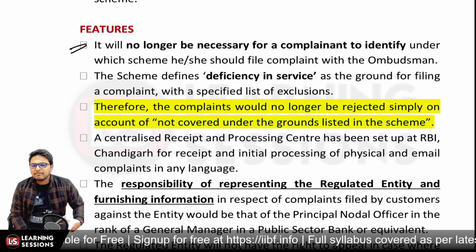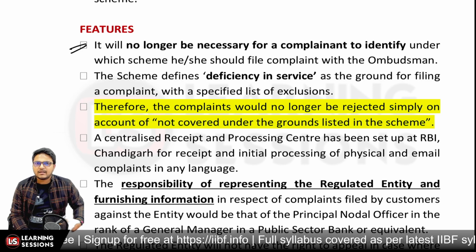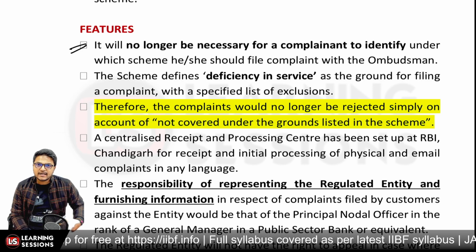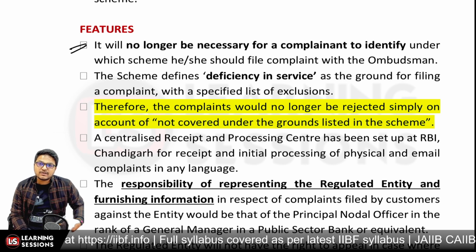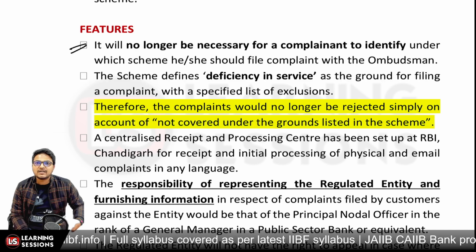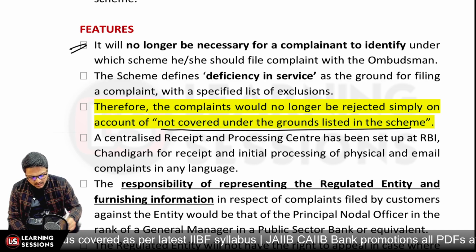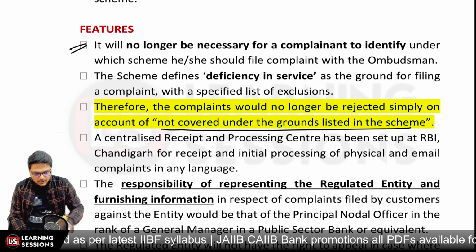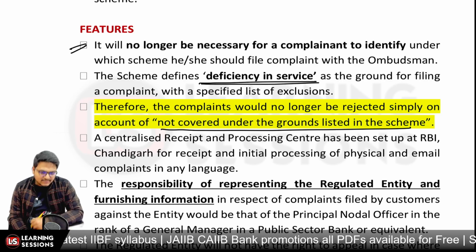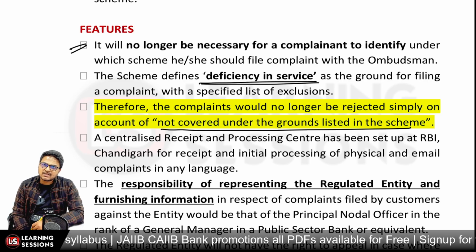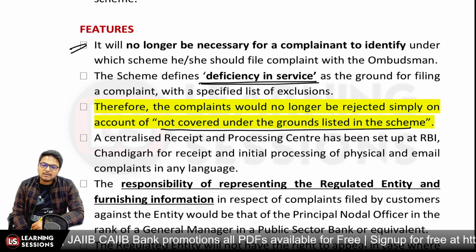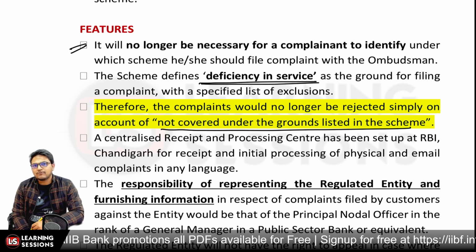Further, previously many complaints went unattended because they were rejected simply on the ground of not being covered under the grounds listed in the scheme. But now the scheme defines deficiency in services, which covers such complaints, and your complaints can now be attended under that, right?